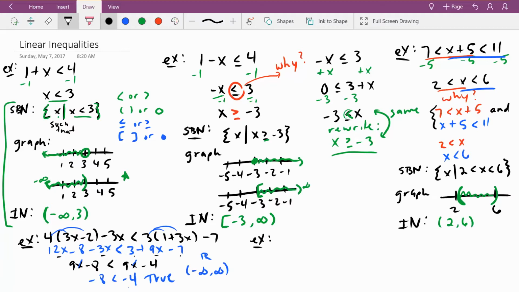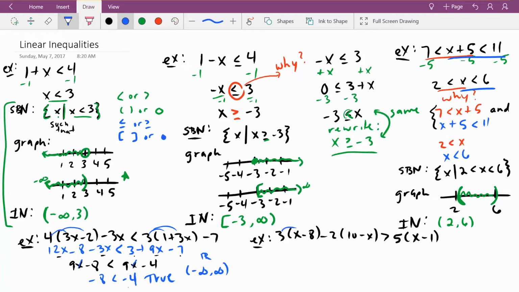Well, what if you end in a false statement? Let's do one more example like that. So how about 3 parenthesis x minus 8, negative 2, 10 minus x, greater than 5 parenthesis x minus 1. Okay.